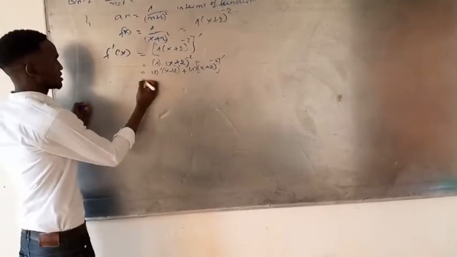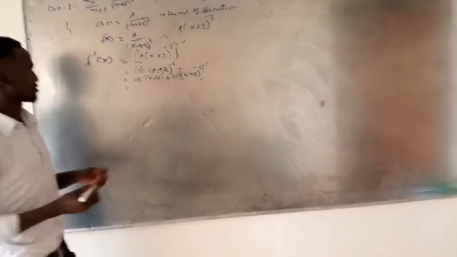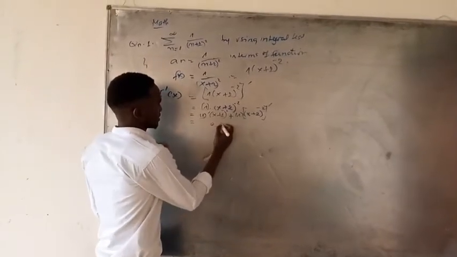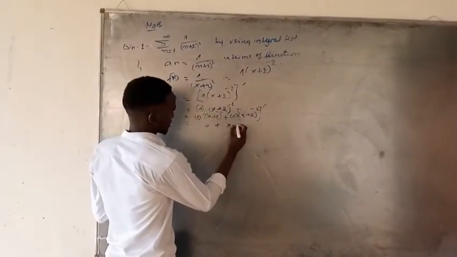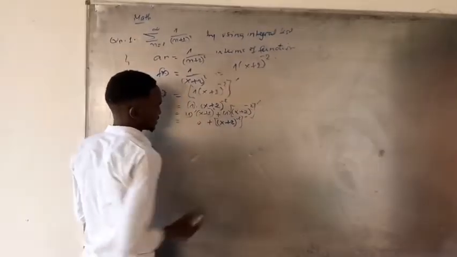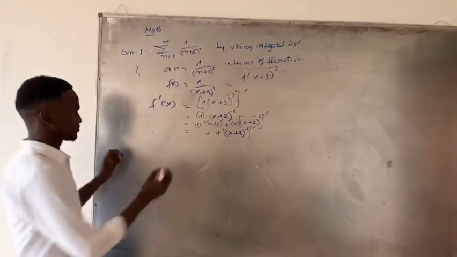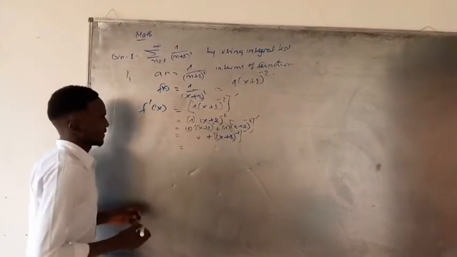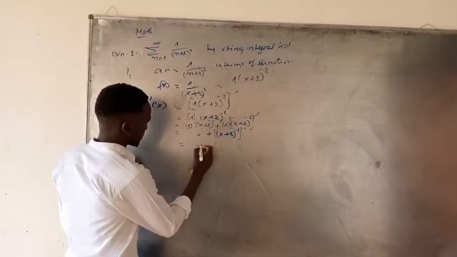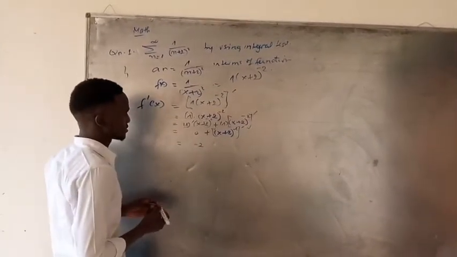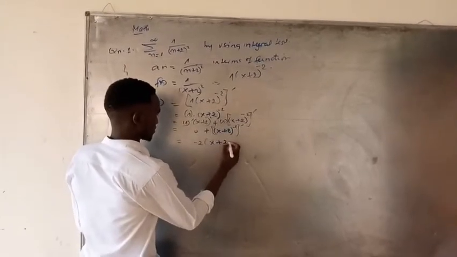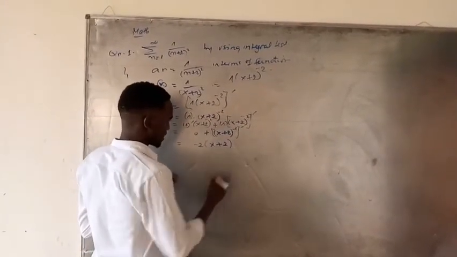Then as you see here, the derivative of 1 is equal to 0, and 0 times this one is equal to 0. Then plus this one, (x plus 2) to the power negative 2, and in general the derivative will be equal to minus 2 times (x plus 2) to the power negative 3.